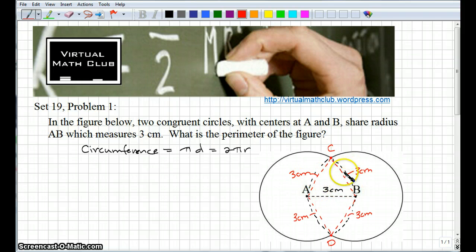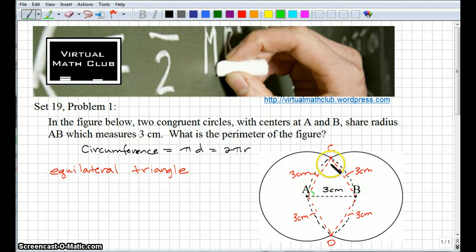So what do we call a triangle where all the sides are the same length? You probably remember that we call that an equilateral triangle. An equilateral triangle has sides that are all the same length, but it also has angles that are all the same.